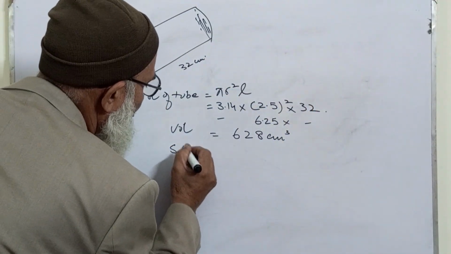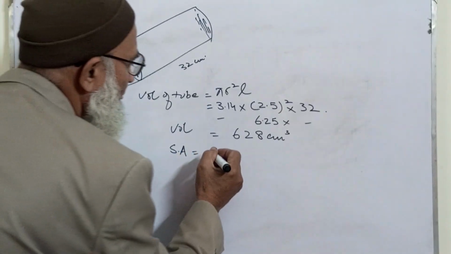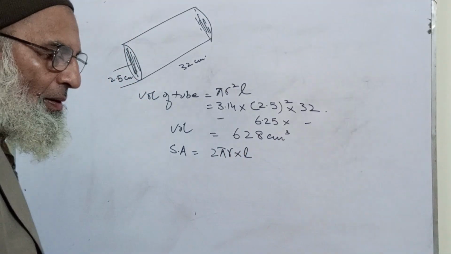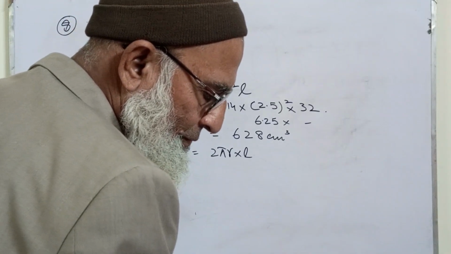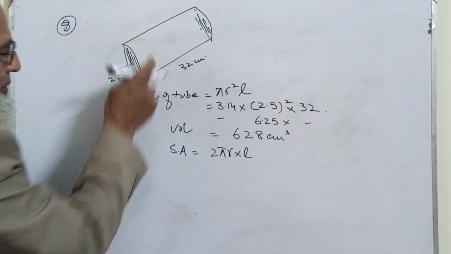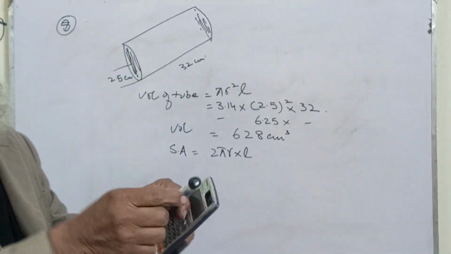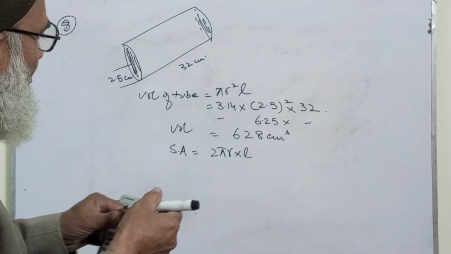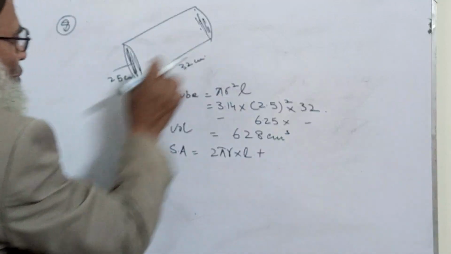Now the surface area of a cylinder is 2 pi r multiplied by L. This is the surface area of the circular part only, but it has sealed ends also, so there are two sealed ends.